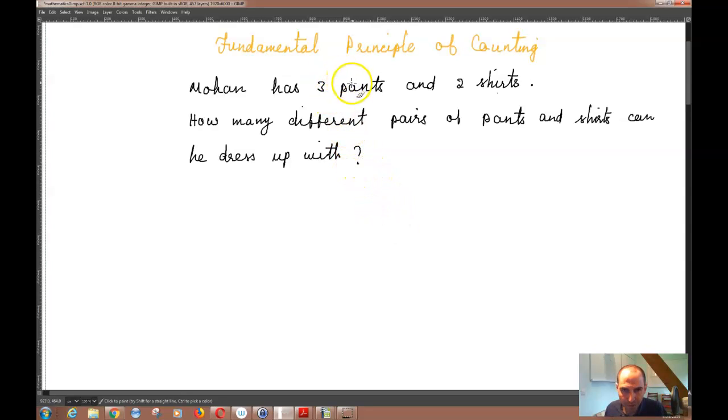Meaning that if you have, for example, 3 pants and 2 shirts, I call these P1, P2 and P3 for pants 1, pants 2 and pants 3. And moreover, I have 2 shirts, which I can take as S1 and S2.